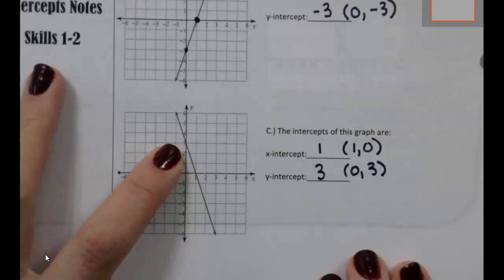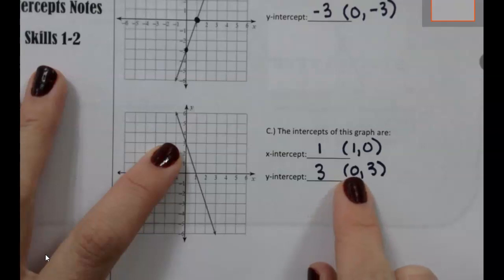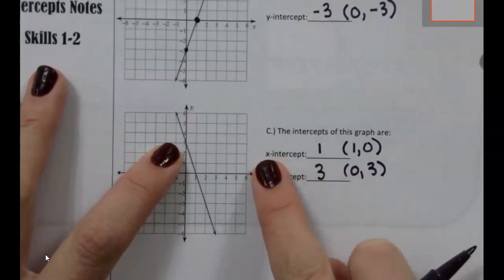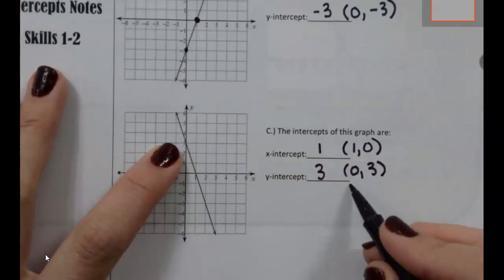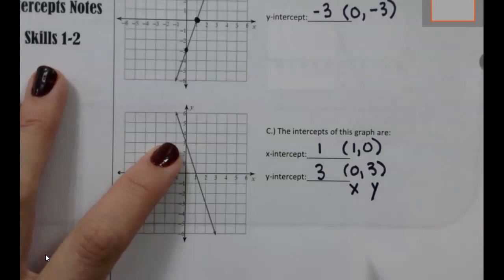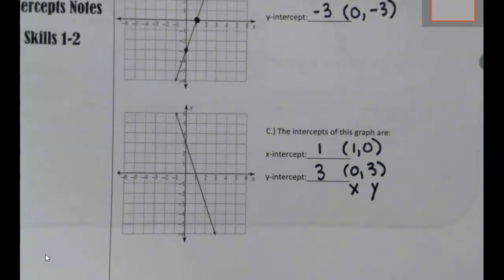I want you to just take a second to notice that when you're finding the y-intercept, the x-coordinate of this point is 0, and when you're finding the x-intercept, the y-coordinate is 0. Remember that it goes x, y. Okay? That's skill 1. We're going to go ahead and turn the page here and go on a little bit farther.